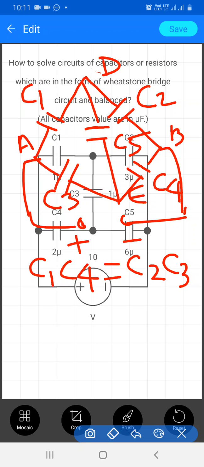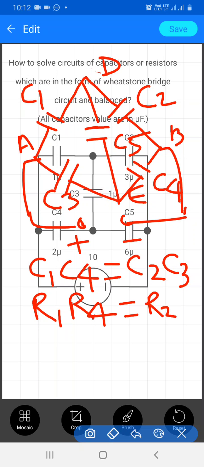In the case of resistors also, if R1 in place of C1, R2 in place of C2, R3 in place of C3 and R4 in place of C4 as well as R5 in place of C5 are taken, then we can also write for the case of resistor R1 R4 is equal to R2 R3.